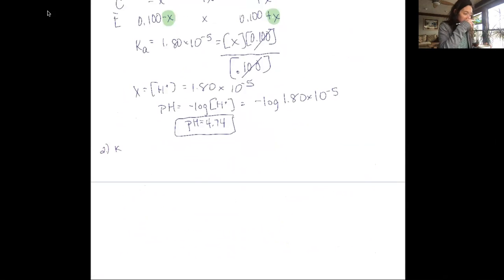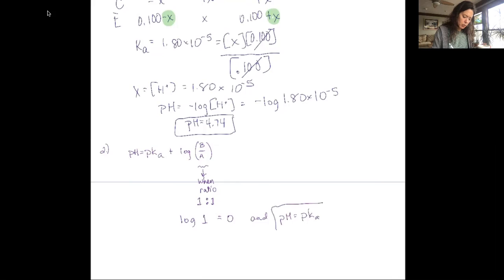The question for number 2 says, why is the 1-to-1 ratio optimal? So the 1-to-1 ratio allows for pH to equal pKa plus log of base over acid. We're going to get into this later. When the ratio is 1-to-1, then the log of 1 equals 0 and pH equals pKa.